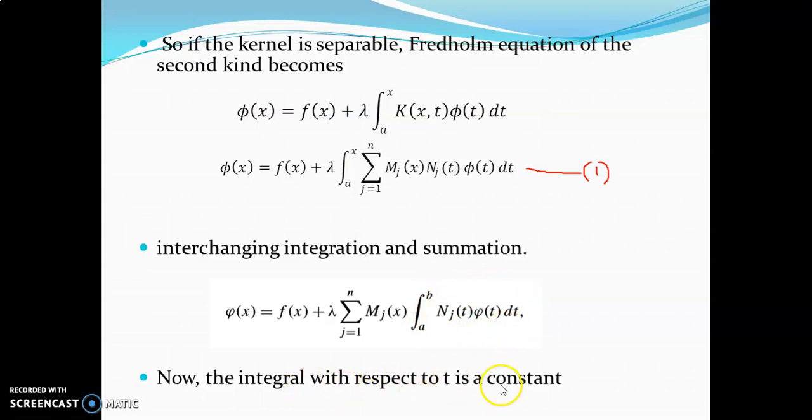So the integral with respect to t is a constant. It will only depend on the index j. For different j's, nj will be different and this constant will be different. When j equal to 1, this constant is c1. When j equal to 2, this is c2. And for a particular j, the constant is cj. We can call this equation number 2.